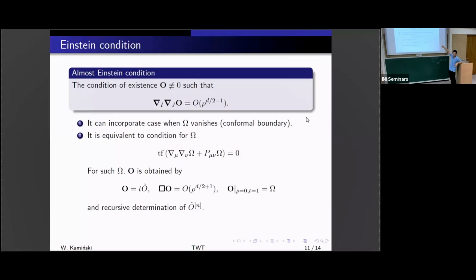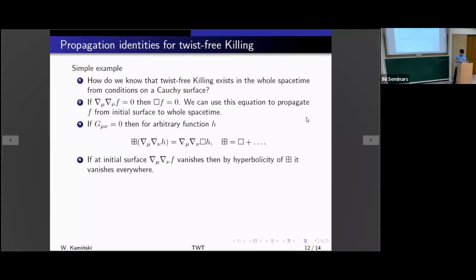So I wrote it in the ambient space for the reason that I will be using this, but it's equivalent to some condition for the omega. Okay, and if we have omega, how to determine this O? We just extend it by the harmonic extension. And of course, I cheated here, but I will not tell you.